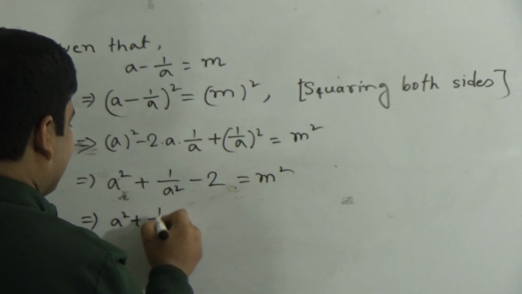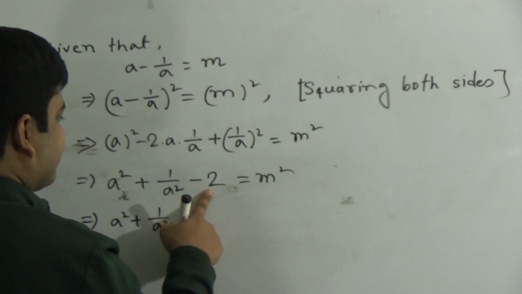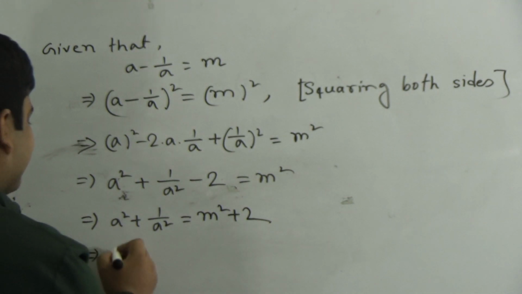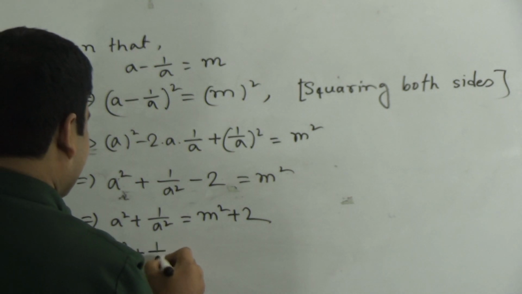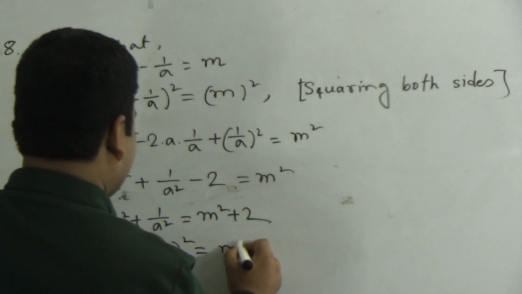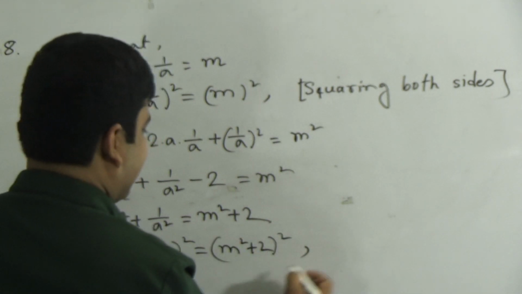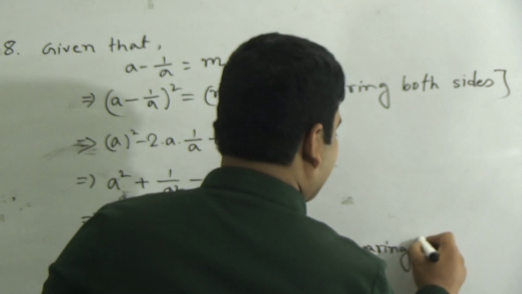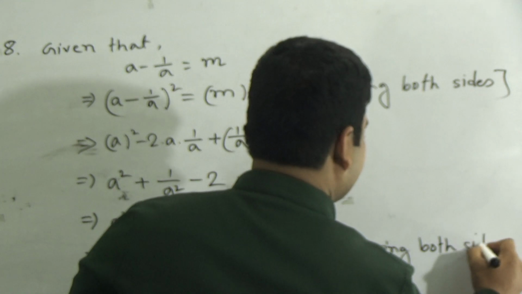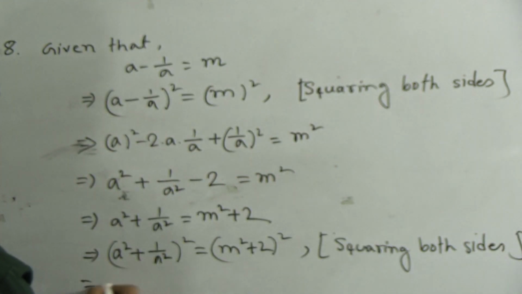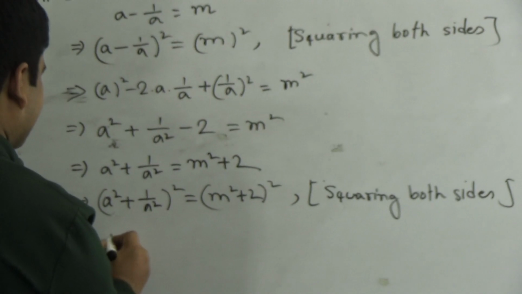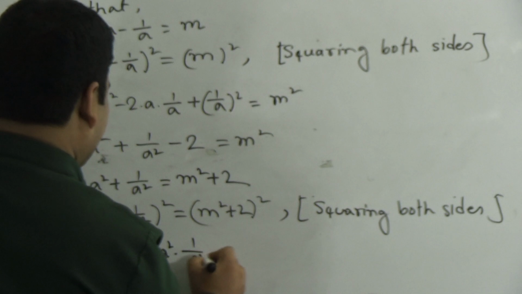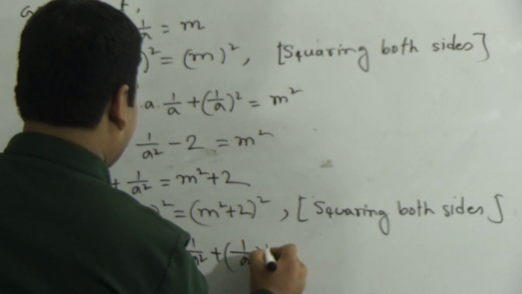A square plus 1 by a square minus 2, change its position, go to the right hand side and it will be plus. Then we square again: (a square plus 1 by a square) whole square equals (m square plus 2) whole square, and give the side note again, squaring both sides. Now the a plus b whole square formula, which is a square plus 2ab plus b square.